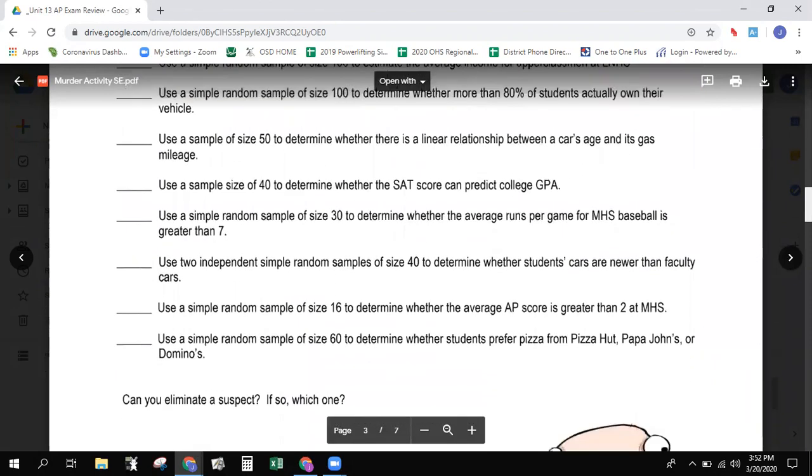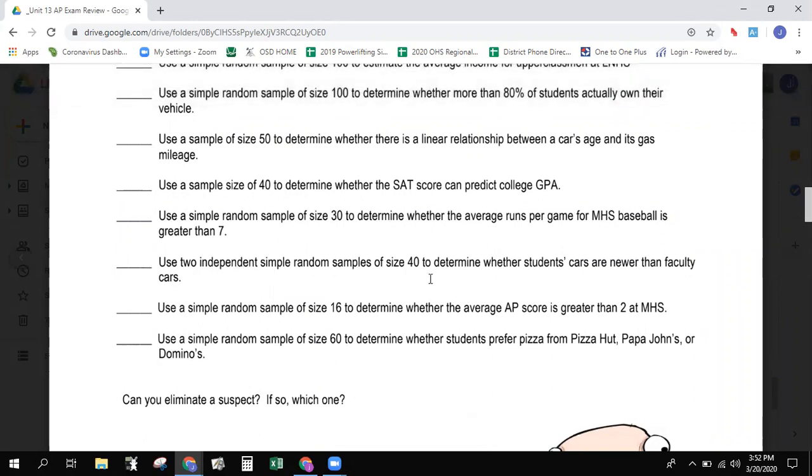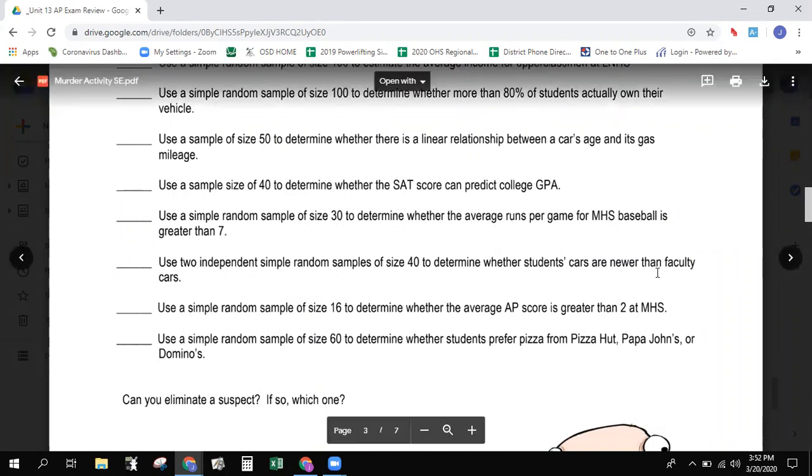All right. Then the next one, it says use a simple random sample. Oh yeah, we did that. Two independent simple random samples of size 40 to determine whether students' cars are newer than faculty cars.